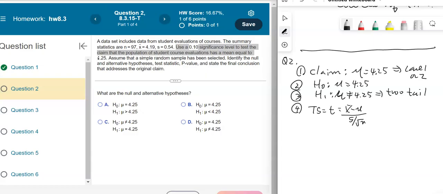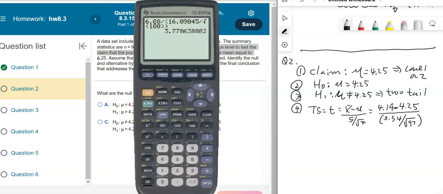X bar is 4.19, mu is 4.25, s is 0.54, n is 97.